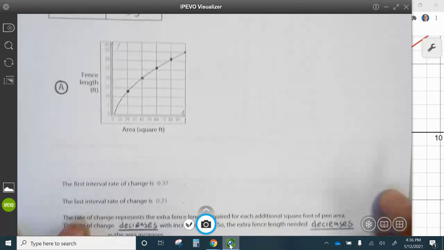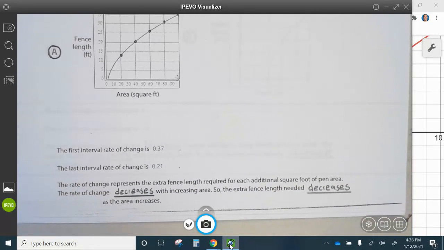All right. The first interval rate of change is 0.37, and the last interval rate of change is 0.21. The rate of change represents the extra fence length required for each additional square foot of pen area. The rate of change decreases with increasing area, so the extra fence length needed decreases as the area increases.